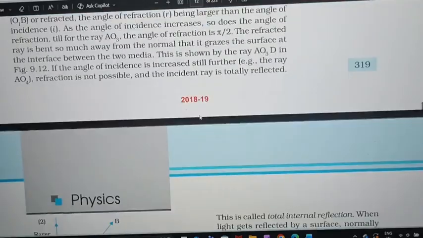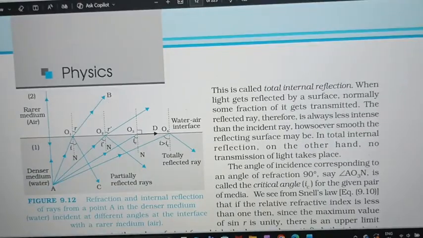So we can understand through this, where suppose this is some water medium, a water tank can be taken, and this is denser medium to rarer medium. This is important. From denser medium to rarer medium it will be moving. Now whenever rays are there, a number of rays will be coming from one particular point.